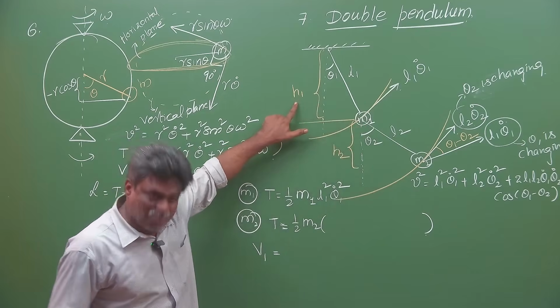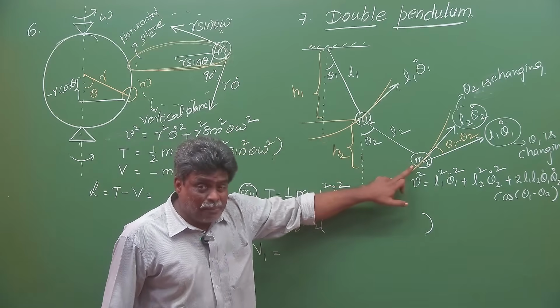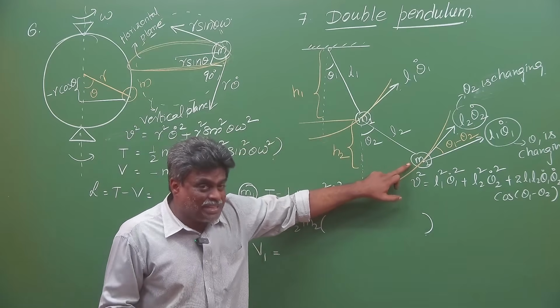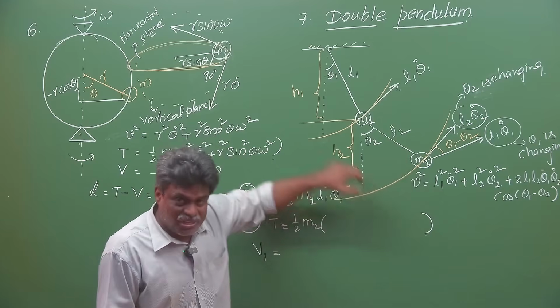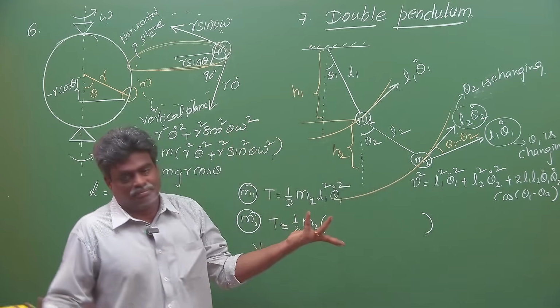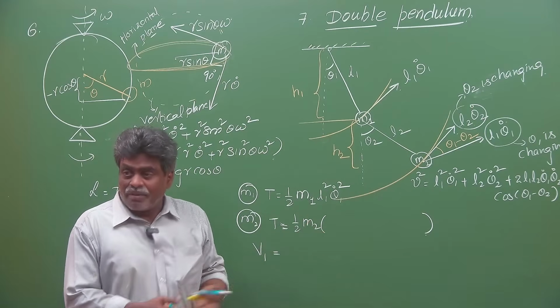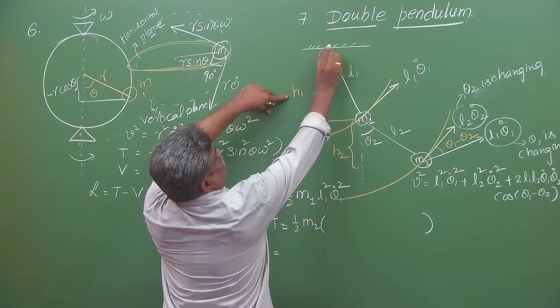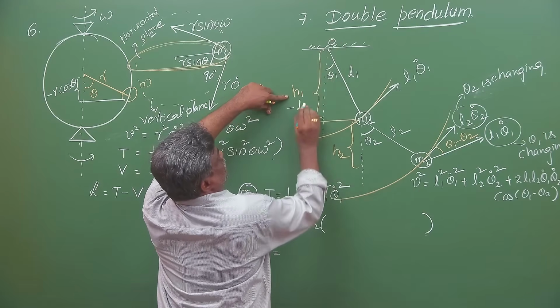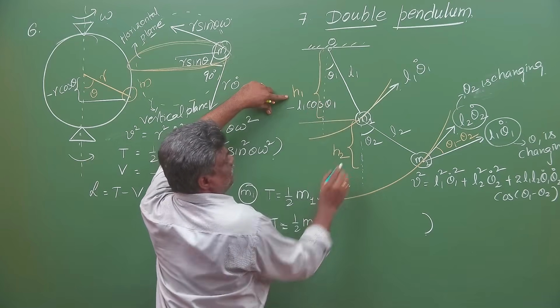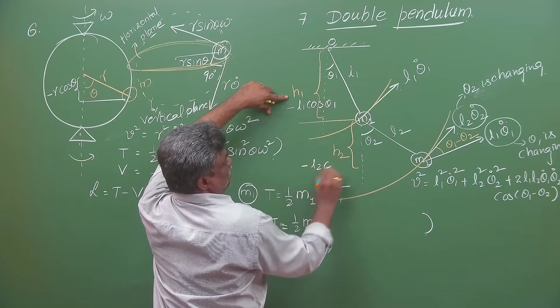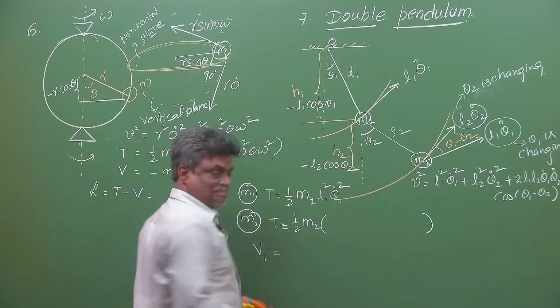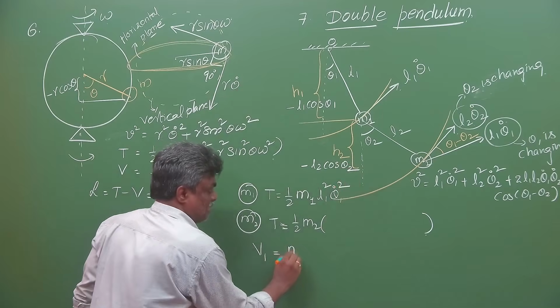M1 g h1. While you are finding the potential energy of M2, what you will consider? M2 g. That's it. Everybody understand? So I hope everybody knows what is h1. This is the origin. Come on. And h2. See how simple it is.